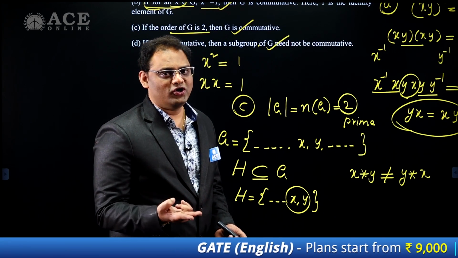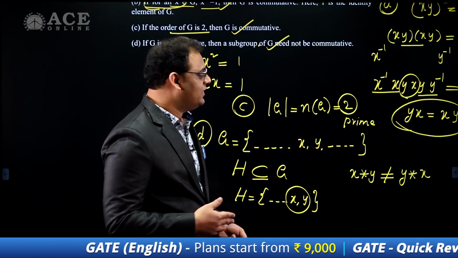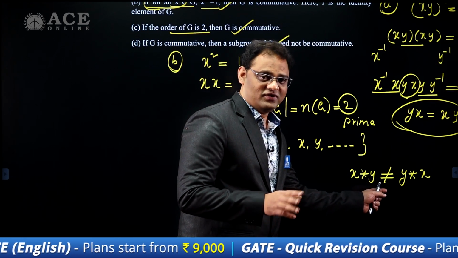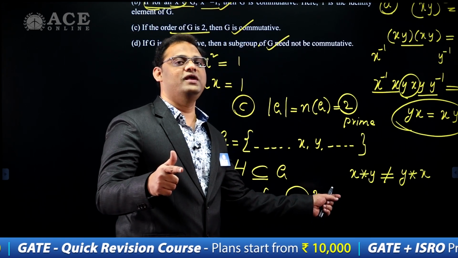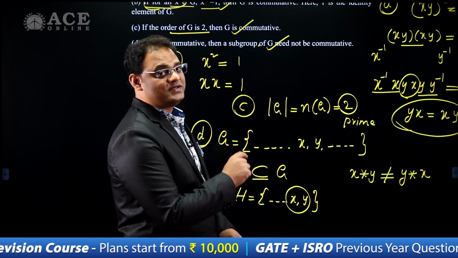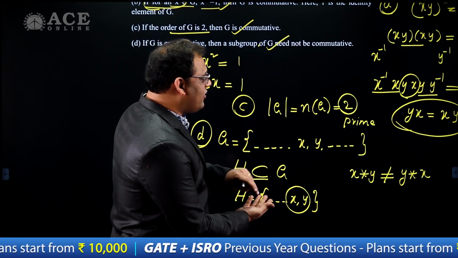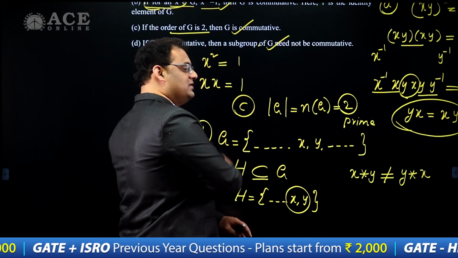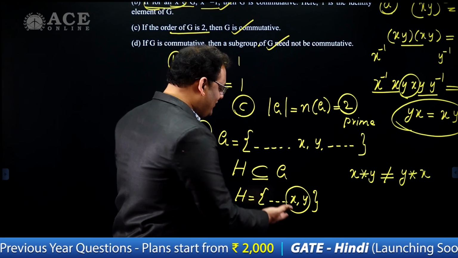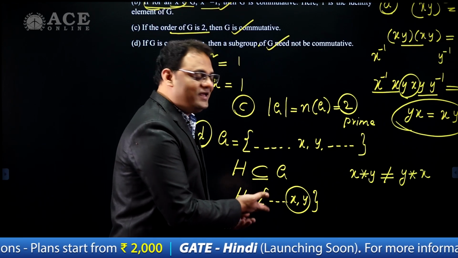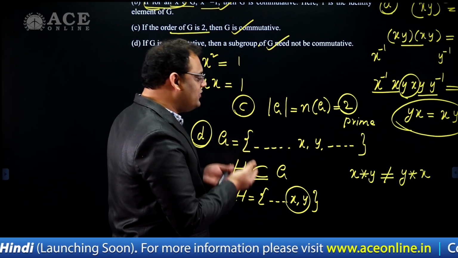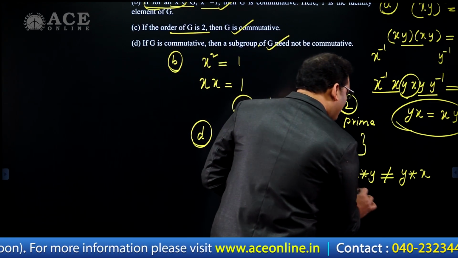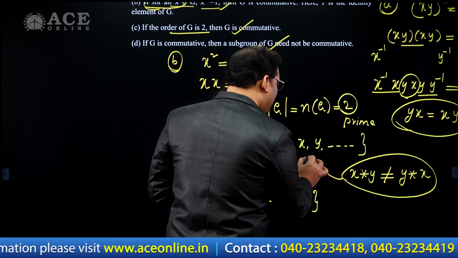There exist two non-commuting elements X, Y such that X star Y is not equal to Y star X. If it is true, immediately I can say these two elements X comma Y are also elements of G, because H is a subgroup, which means H is a subset. All elements of H must be present in G.